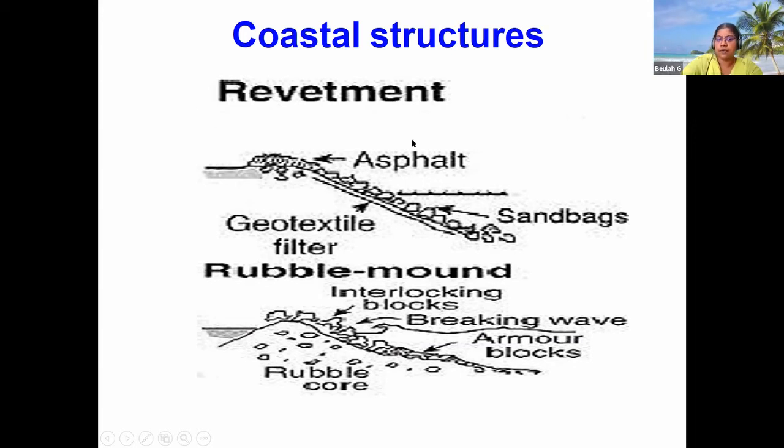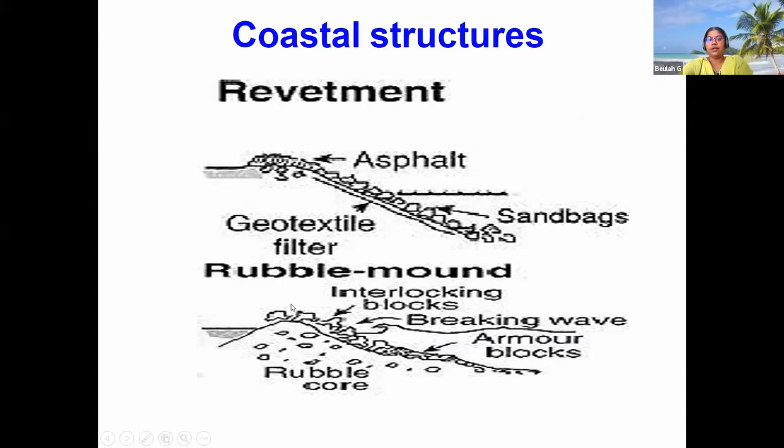This sort of arrangement is applicable not only for coastal bank regions but also for dams and river banks. Here the revetment is placed using the geotextile filter. You have the asphalt and the sandbags which are laid above the geotextile filters.